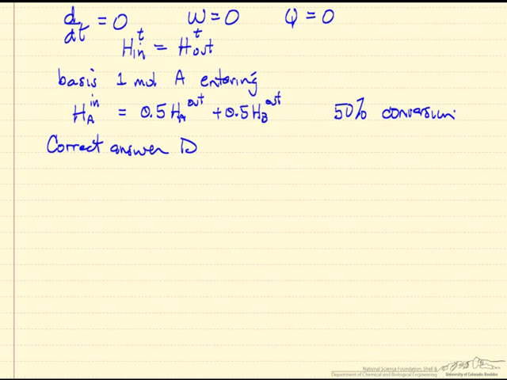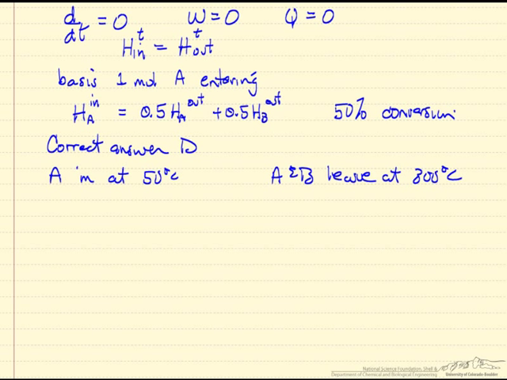So let's suppose that A comes in at 50 degrees C, and let's assume that A and B leave at 300 degrees C. That happens to be the adiabatic temperature we'd get from the reaction.